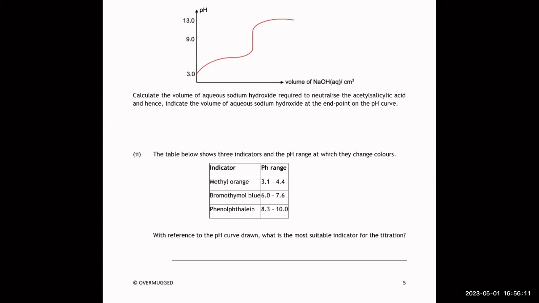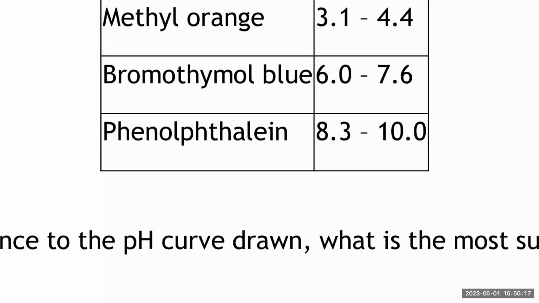And what is that called? Phenolphthalein. All right, phenolphthalein is our correct indicator because my endpoint is pH 9, which is right smack in the middle over here. Phenolphthalein.